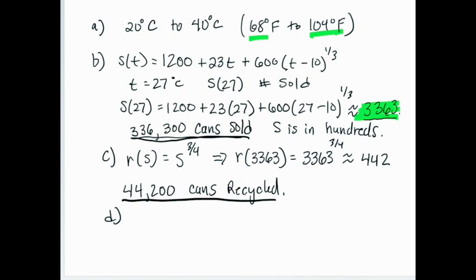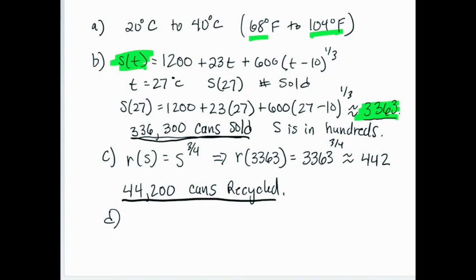Okay, the last question, part D, says, suppose we want to use Fahrenheit temperature scale instead of Celsius scale. How would the problem change? Now, because S of T is in terms of Celsius, T represents the degrees Celsius.